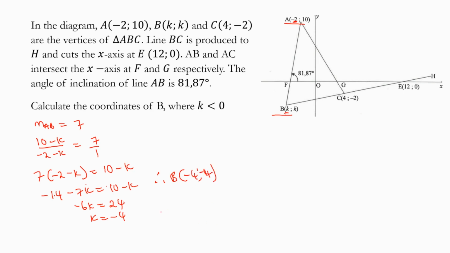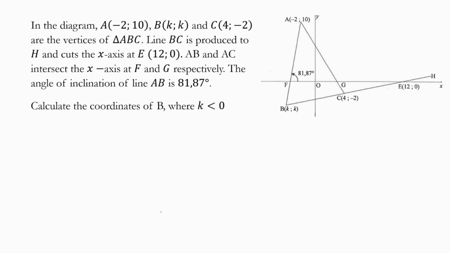Okay, right, let's do the last method. So again, we managed to find that the gradient of AB is 7. And remember, we found the equation of BE is y is equal to 1 over 4 x minus 3.